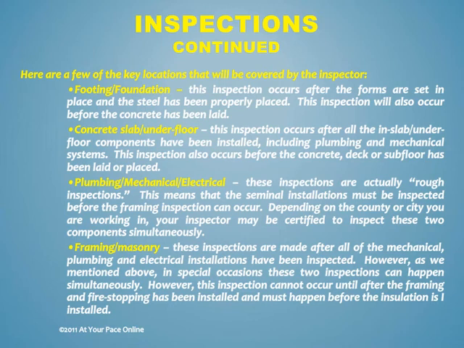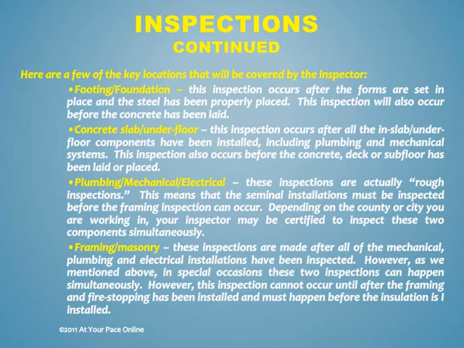Plumbing, mechanical, electrical. These inspections are actually rough inspections. This means that the seminal installations must be inspected before the framing inspection can occur. Depending on the county or city you are working in, your inspector may be certified to inspect these two components simultaneously. Framing, masonry.